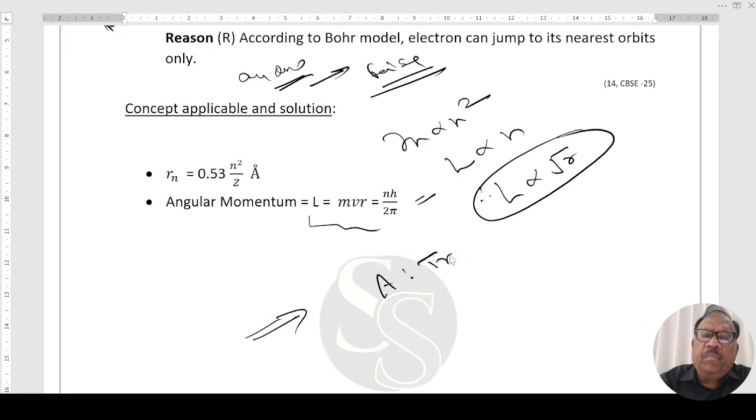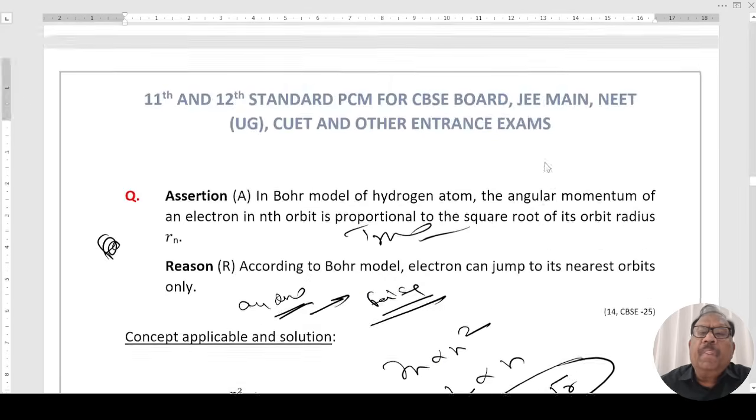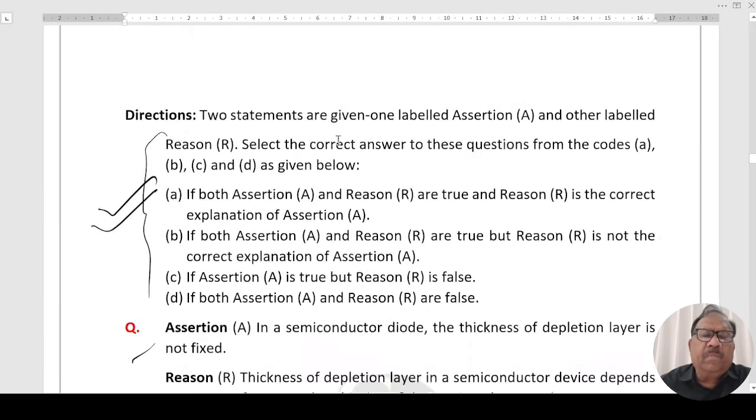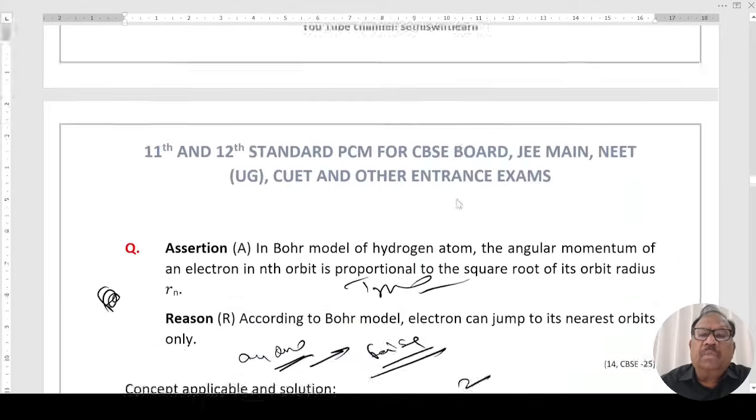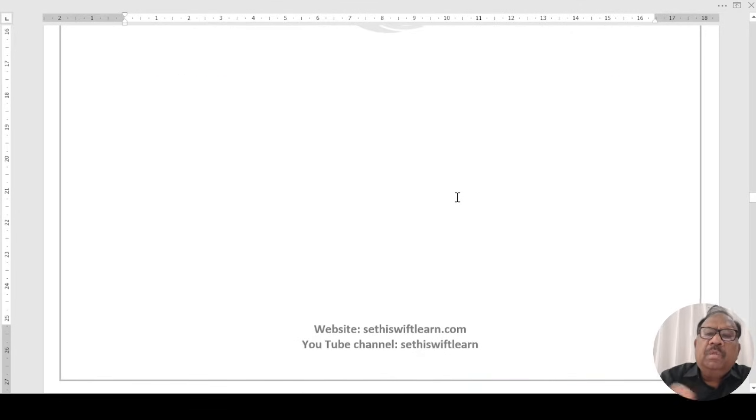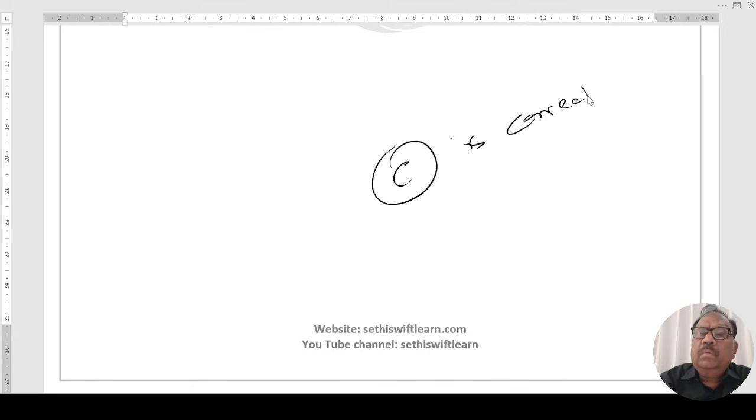Assertion is true and reason is false. Let's see the answer. Assertion is true but reason is false. C is the correct answer. Right? Next question.